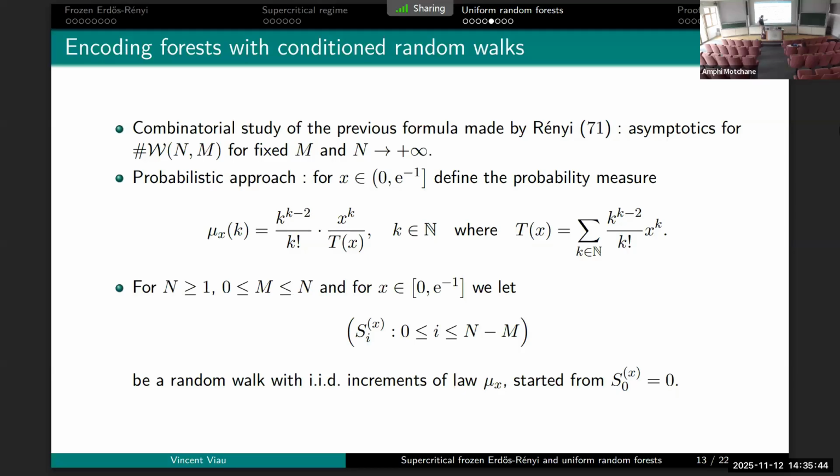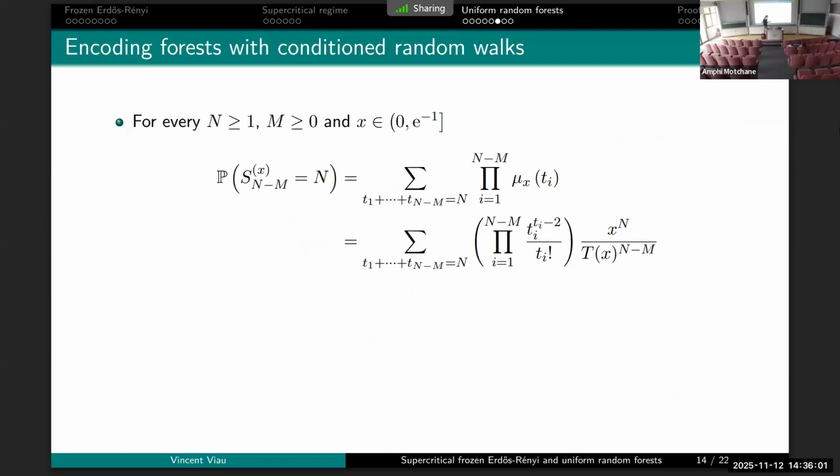And we look at this random walk up to time n minus m, since the number of jumps of your random walk needs to coincide with the number of trees in your forest. Okay, and we can simply try to compute the probability that your random walk ends up at state n after n minus m jumps. And to do this, we can simply sum over all trajectories, or over all sequences, such that their sum is equal to n, and make the product of the probabilities mu_x evaluated at the t_i's.